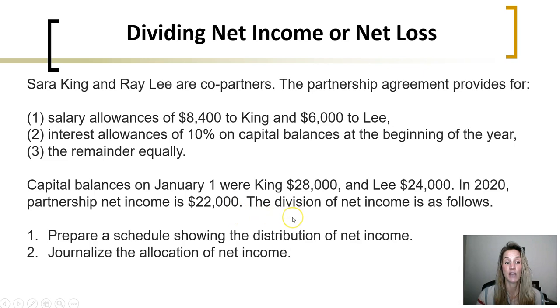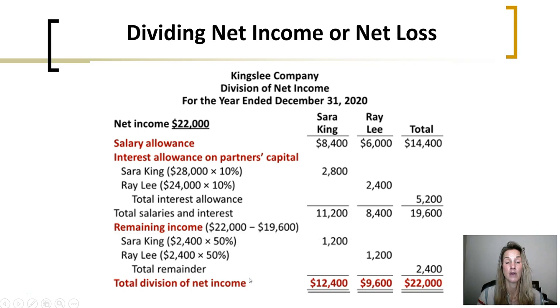The division of net income will be as follows, and we're going to prepare a schedule. First, we allocate the salaries, then we allocate the capital balances, and any remainder of the net income will be distributed equally. So here is our net income of $22,000. First, King gets a salary, Lee gets a salary. A total of $14,400 in salaries will be allocated.